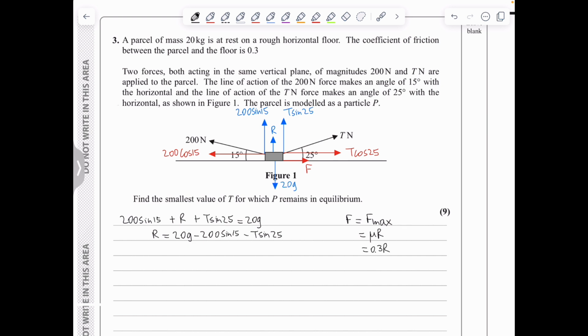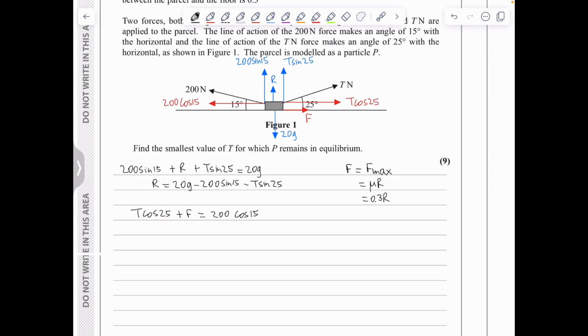I will then consider the horizontal forces. So forces acting to the right must be equal to the forces acting to the left, and this leads to T cos 25 plus the frictional force F is equal to 200 cos 15. Remember, we're trying to determine T here. Well, I will be replacing F with 0.3R. So we've got T cos 25 plus 0.3R is equal to 200 cos 15.